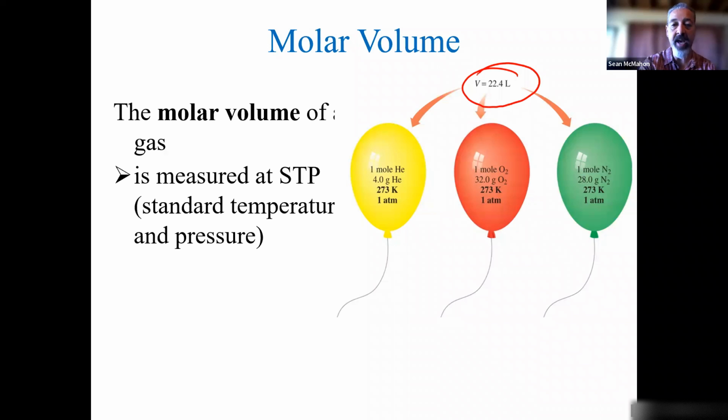It doesn't matter if I have a mole of helium, which has a molar mass of 4 grams, or a mole of O2 that weighs 32 grams, or a mole of N2, which weighs 28 grams. 1 mole, because a mole is the number of particles, is going to occupy 22.4 liters. Why?